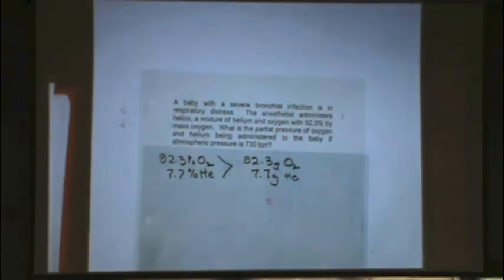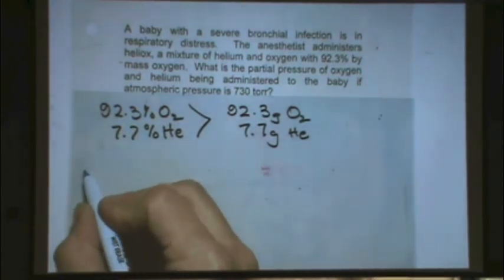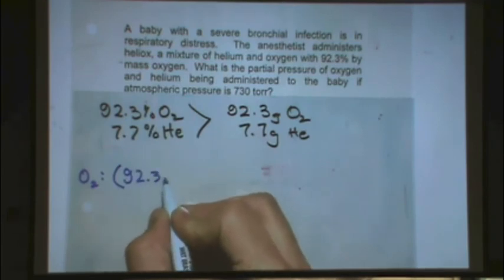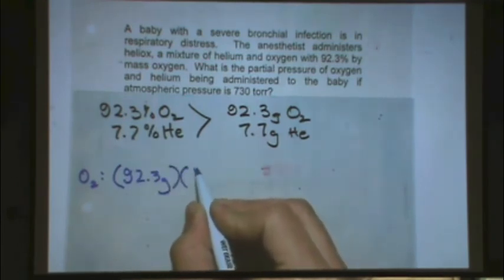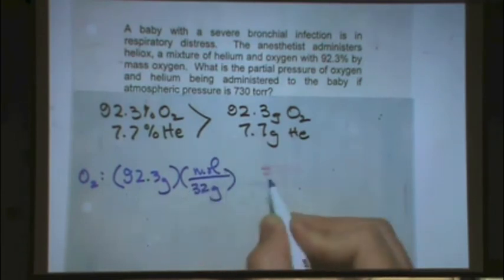Okay, and now remember, again, if you're following the flow chart, we need to start with moles. In this case, we don't have information related to the ideal gas law, so let's just do a conversion using the molar mass to get to moles. So this is a different way to get to moles because in this problem, different information is given. So in the case for oxygen, 92.3 grams, and it's O2, not just oxygen by itself, so it's 32 grams per mole.